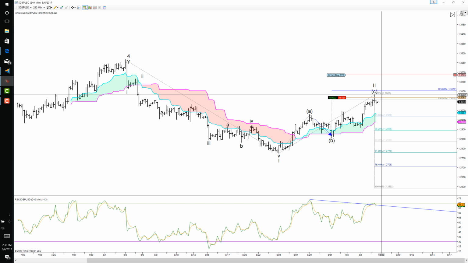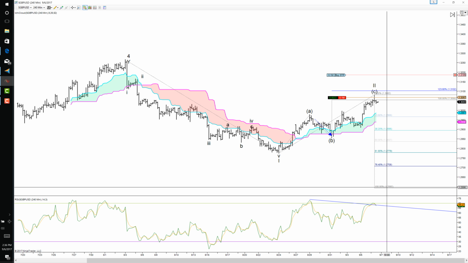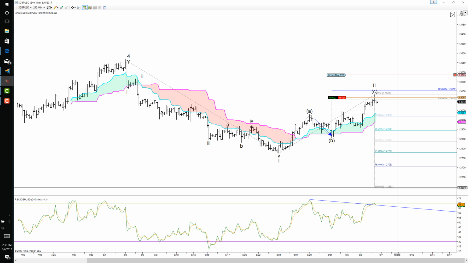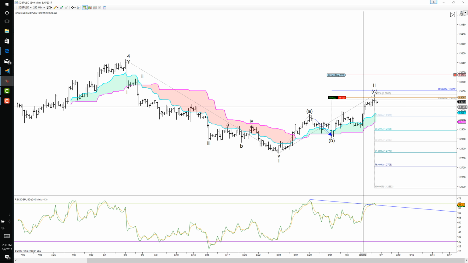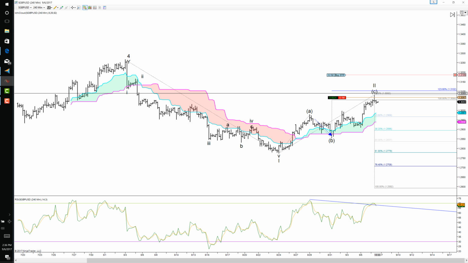Price went to 130.82, and as of right now, I have that as the end of wave C of 2, and the minimum target to go down is 125.92. That's a minimum target. This is wave 2, and we're going to see wave 3. Wave 3 should travel 1.618 of this particular length, so it's going to be well below that, but I'm not sure that this is the end of wave 2 yet.